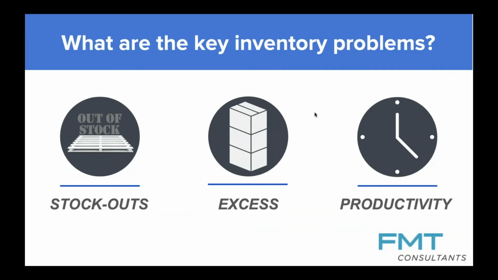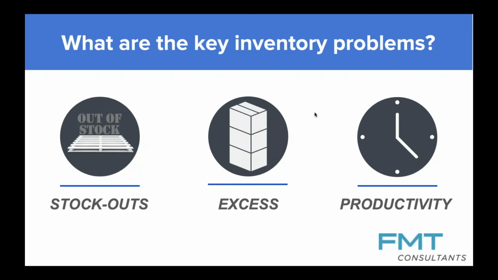But before we talk about the problems, let's think about what the issues are there if we don't get it right. It's certainly the worst thing that can happen in an inventory-based organization is that I run out of product. I've got a customer that has demand for something, they want to spend money with me and buy the stuff from me, and I can't deliver because I've run out of product. That's the worst case scenario, and obviously cost sales, cost profits, and can potentially cost customers in today's competitive environment.